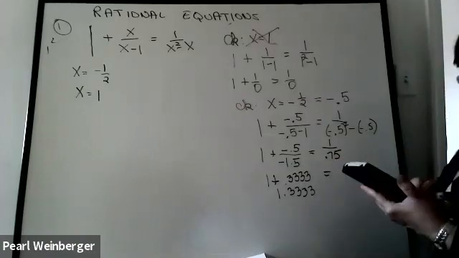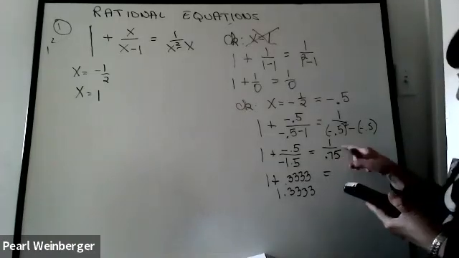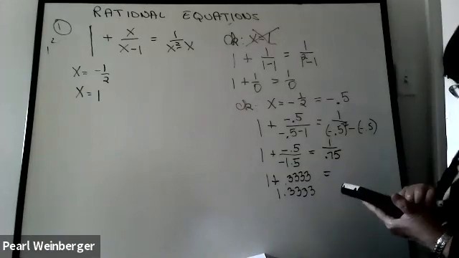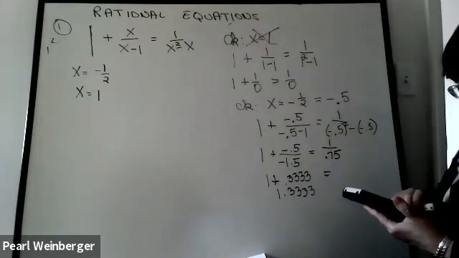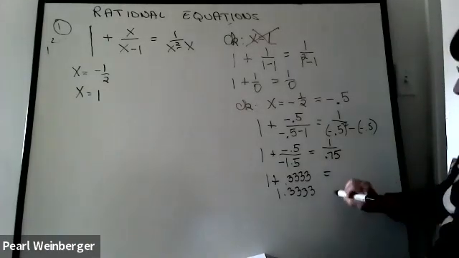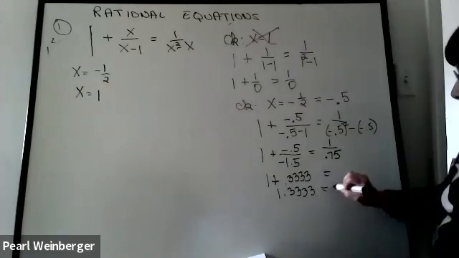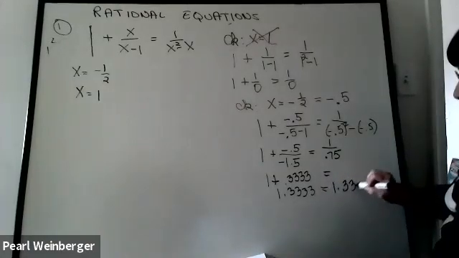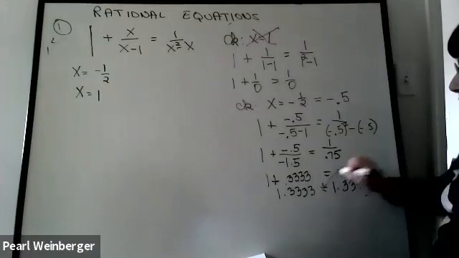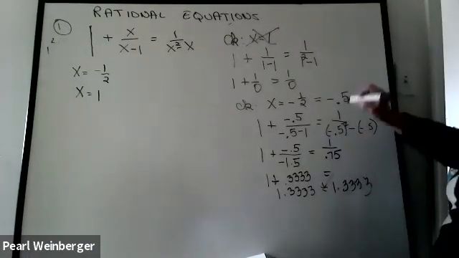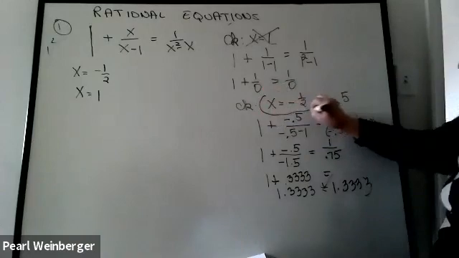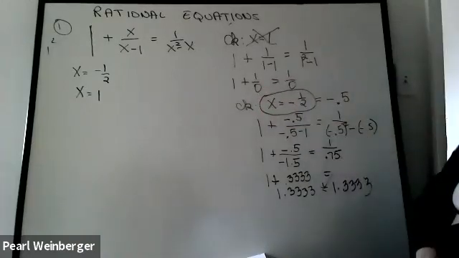And on this other side, I'm going to do 1 divided by, remember, fraction is a division, 0.75. And that also gives me 1.3333. So this actually checked. This answer is a good answer.